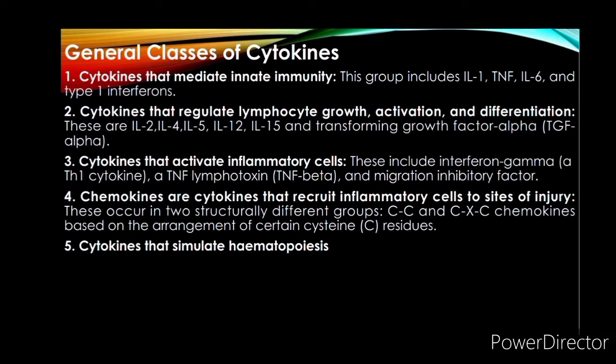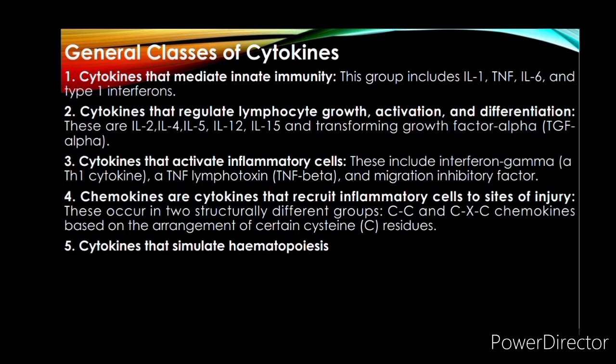Next, chemokines are cytokines that recruit inflammatory cells to sites of injury. These occur in two structurally different groups, CC and CXC chemokines, based on the arrangement of certain cysteine residues. The CXC chemokines, which include interleukin-8 or IL-8, are produced by activated macrophages and tissue cells such as endothelium.